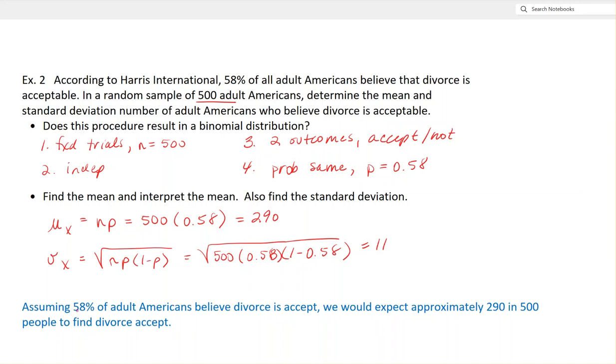So if 58% of the population find a divorce acceptable, and I have a sample size of 500, then 58% of 500 is the 290. So we kind of say on average, we would expect 290 out of 500 people to find divorce acceptable, given a population where 58% say divorce is acceptable. Okay, so you want to work on understanding that interpretation right there.